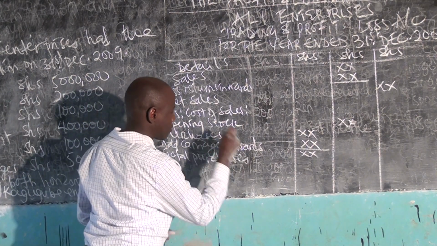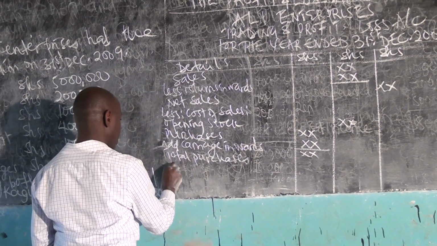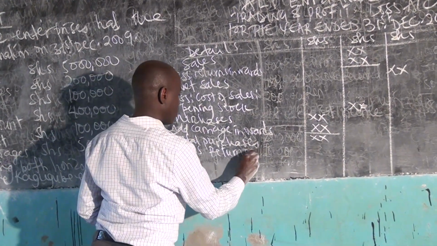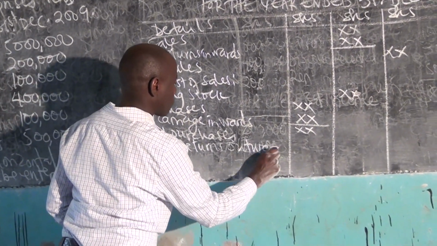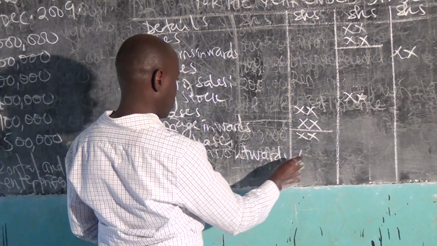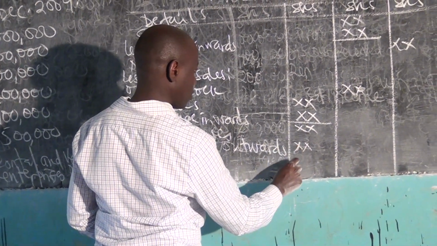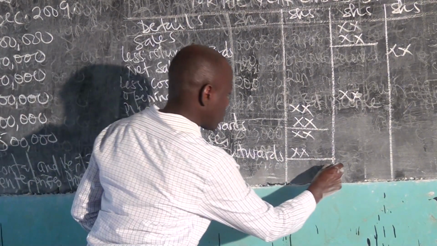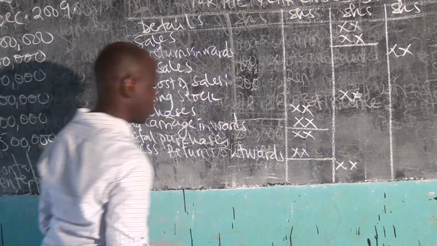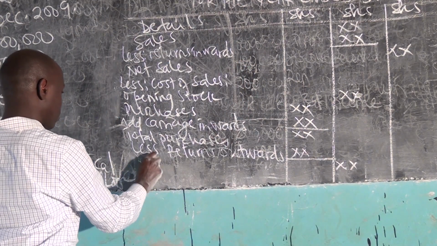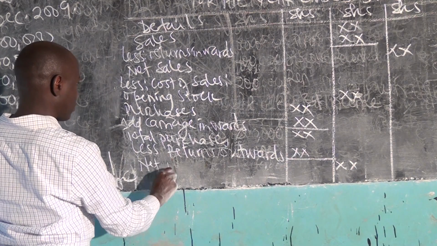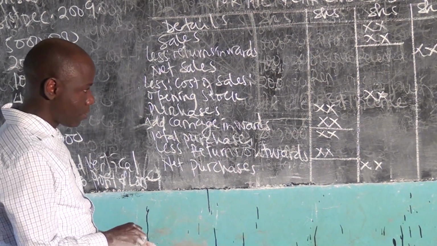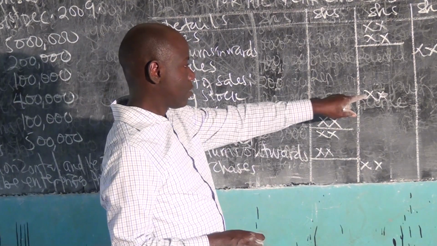Then from total purchases, you less returns outwards. When you less returns outwards, what you get here is known as net purchases.